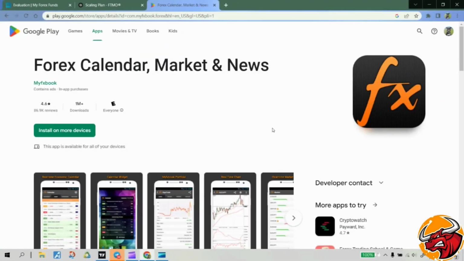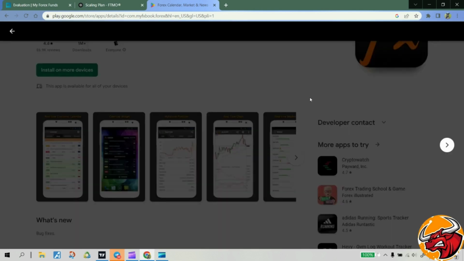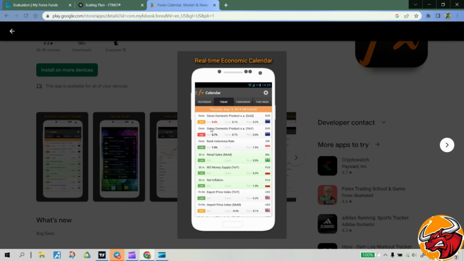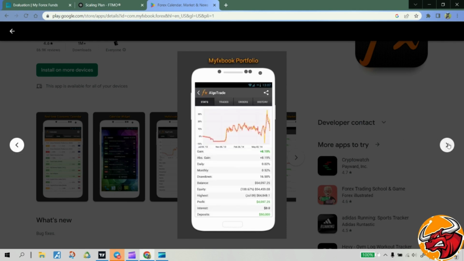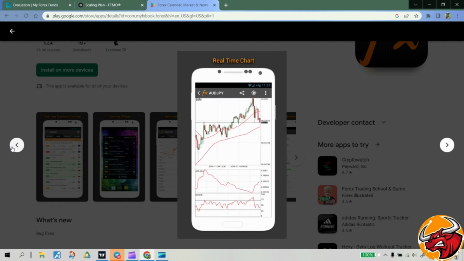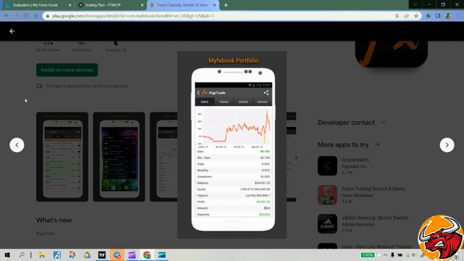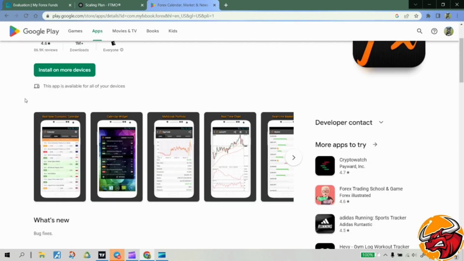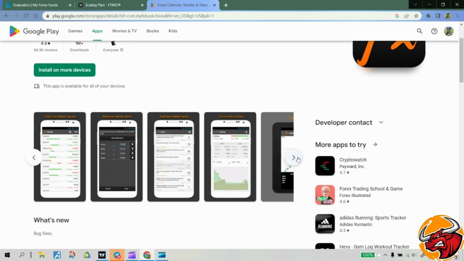And one more thing, if you don't want to calculate 1% always, you can use this forex calendar, market and news application. On this application you have daily news, tomorrow, this week news, and you also can add your account and transparently have your trading history.